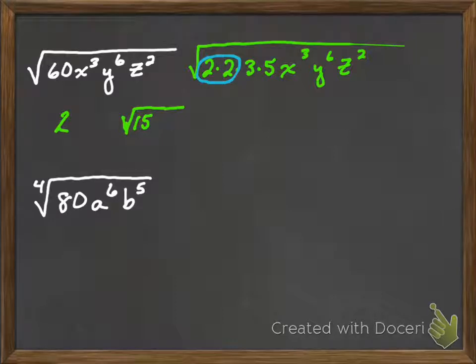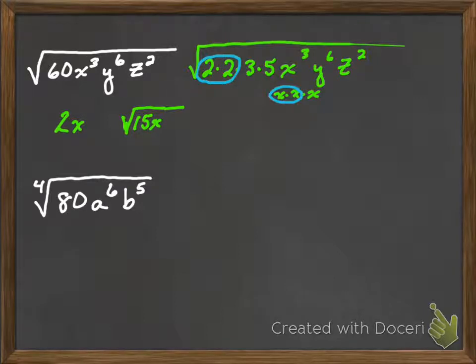All right, so now if you look at your x's, you can think of x cubed as x times x times x. You have a pair of x's that will come outside the radical, and you're going to have this 1 x left inside the root.